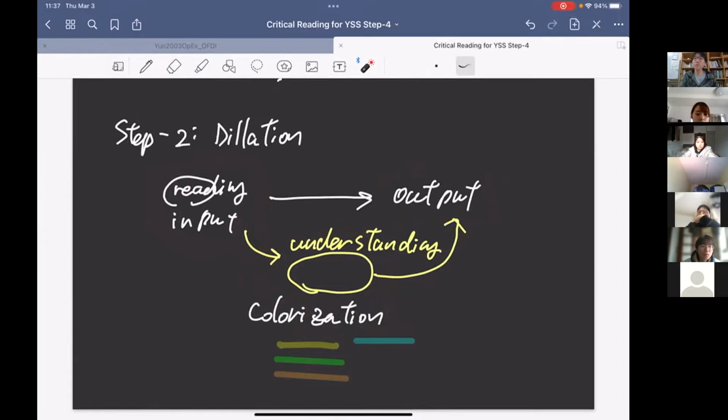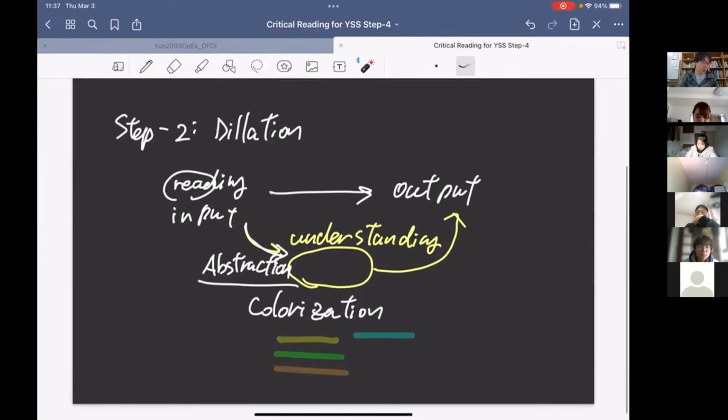Okay, so for this, first you need to understand. And technically this process can be called abstraction. In a narrow sense, abstraction is this step. In a wide sense, it's this step.